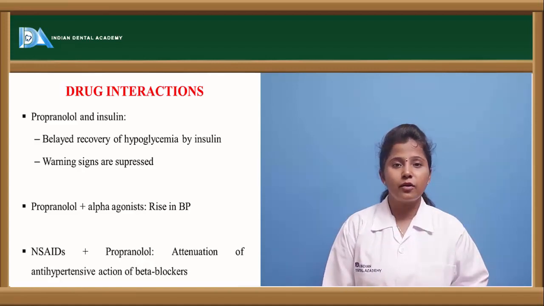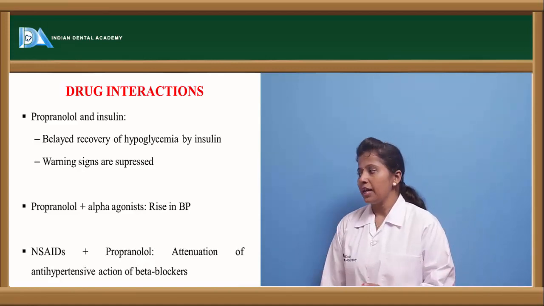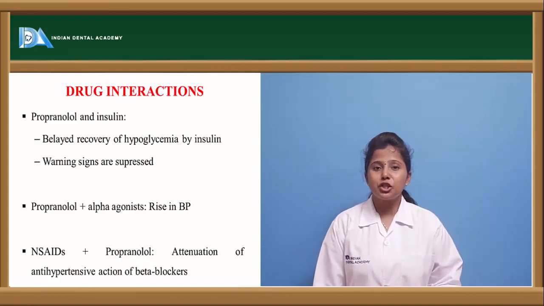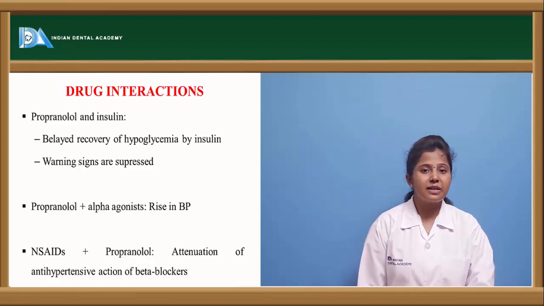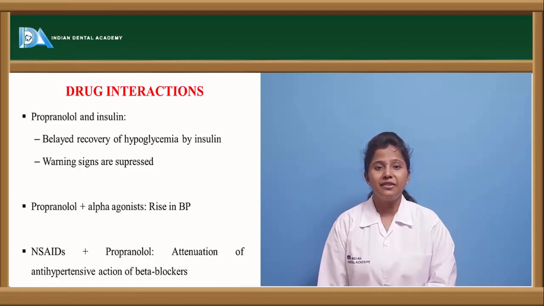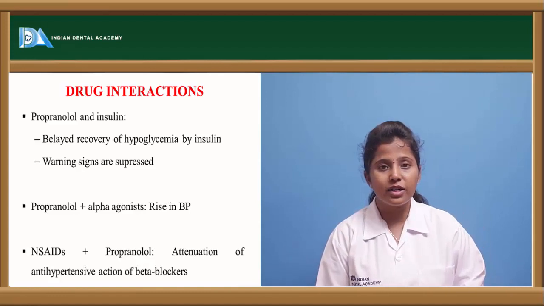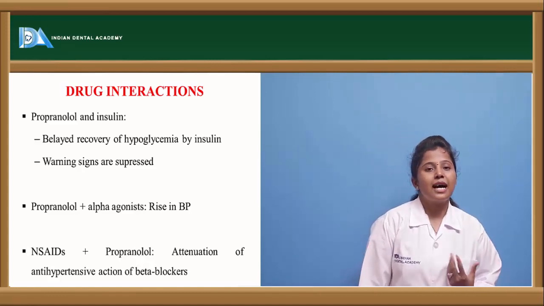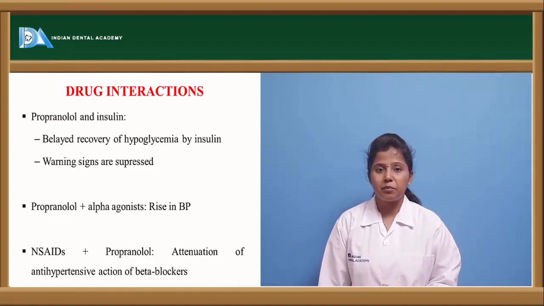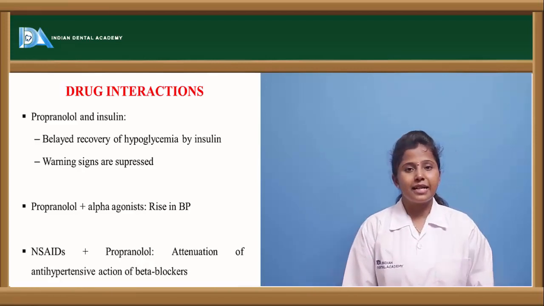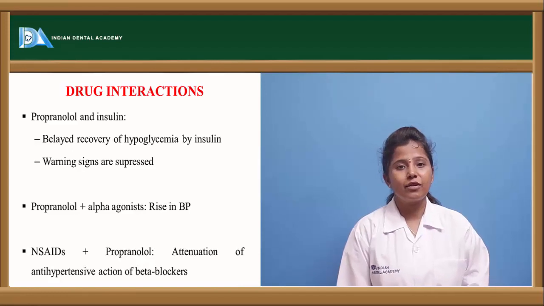So that is the reason it should be contraindicated with insulin, and apart from that it should be contraindicated with alpha agonists. The actions of alpha and beta receptors are not the same, they are different. That is the reason propranolol should not be given with alpha receptor agonists, because it may cause high blood pressure, or as we can say it leads to hypertensive conditions. And it should not be given with NSAIDs, non-steroidal anti-inflammatory drugs.